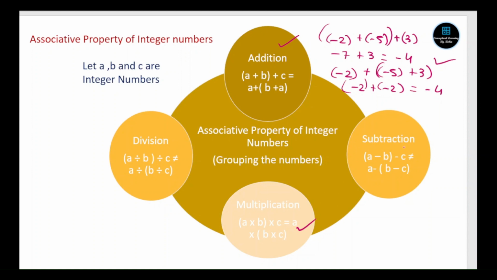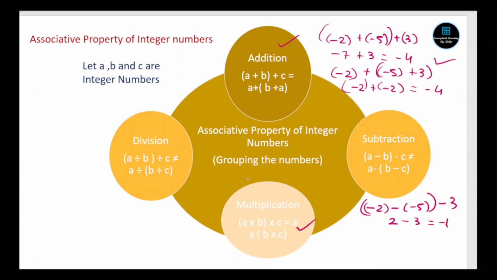But it is not true for subtraction. You can take the same example. Let's say minus 2, you are subtracting negative 5, and then you are subtracting 3. So what do we get here? 2 minus 3... 5 minus, so this is negative 1.